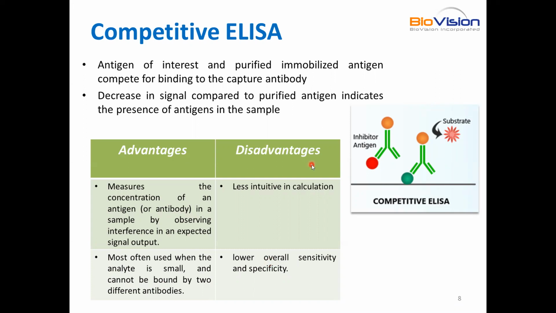Some of the disadvantages of this ELISA format are that it is less intuitive in calculation. It has low overall sensitivity and specificity. As we know, antigens must contain at least two antibody binding sites, so it requires higher cost and development time due to multiple incubation and washing steps.